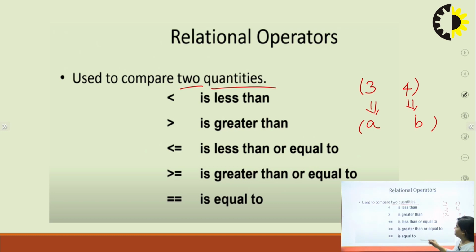Relation: less than. Let's say, if 3 is less than 4, correct. Here it is correct, and it returns some Boolean value. And now what is that Boolean value?